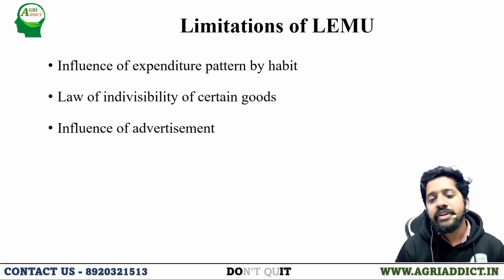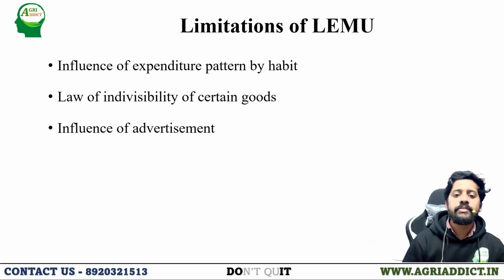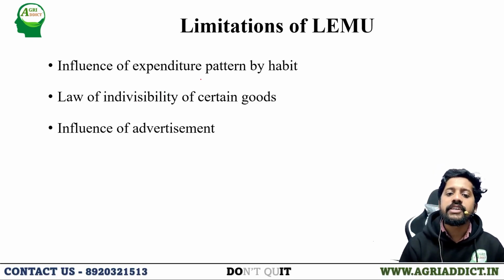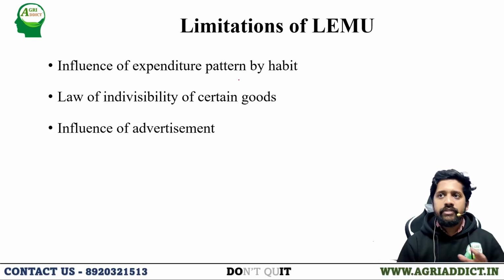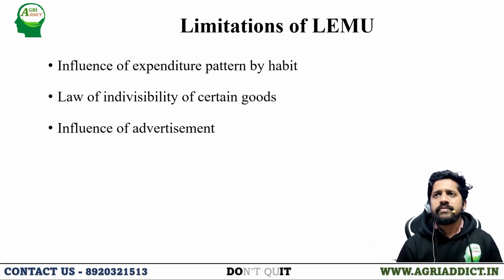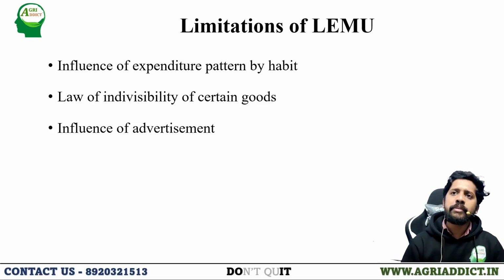As the law of diminishing marginal utility has its limitations, there are some limitations for the law of equimarginal utility also. First one is the influence of expenditure pattern by habit. The law states that the consumer will allocate resources in such a way that the marginal utility derived from each commodity is equalized. There are some exceptions. If I am habituated, when I go to the market, I fix my budget, that I will give 200 rupees for purchasing potato.